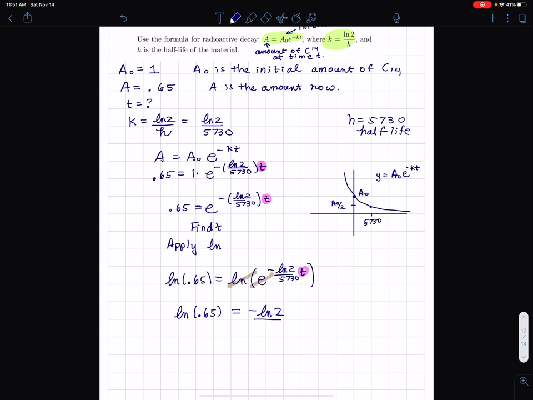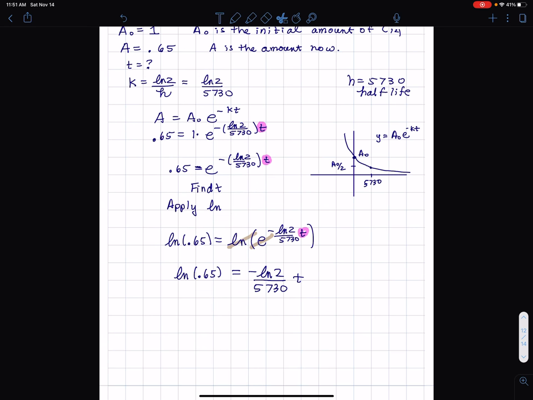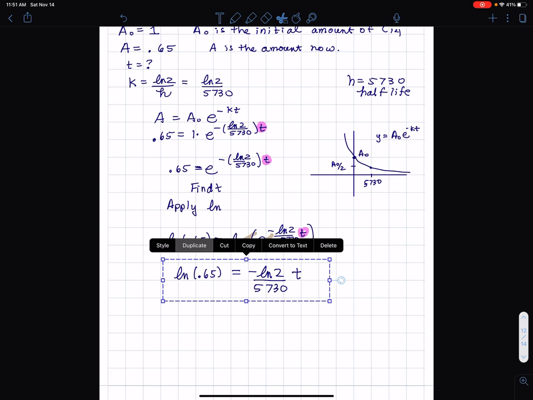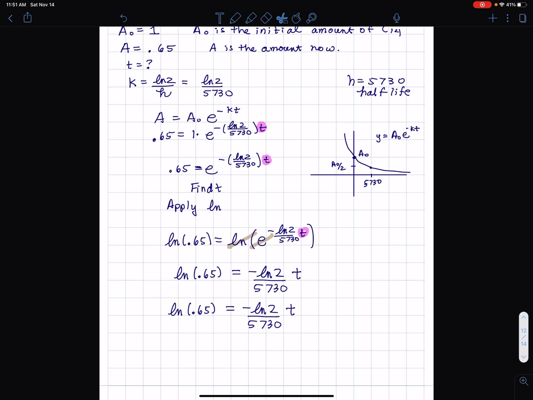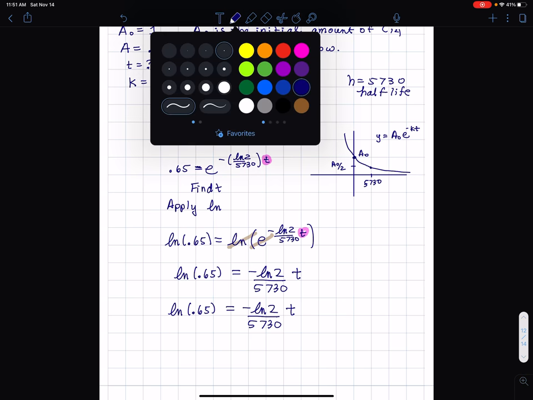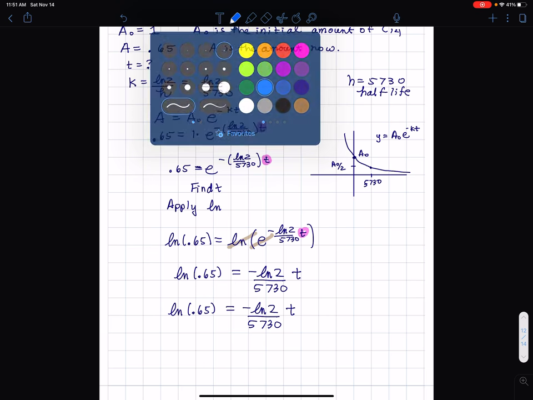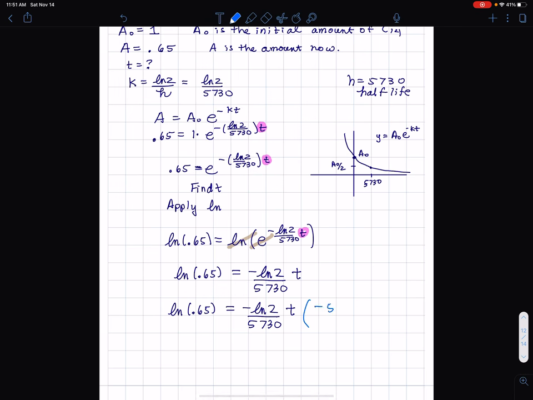Now we have ln, now we have t multiplied by a number. The number looks sort of scary, but it's still just ln multiplied by a number. Now what I'm going to do is multiply both sides by the reciprocal of negative ln2 divided by 5730, which is negative 5730 over ln2.